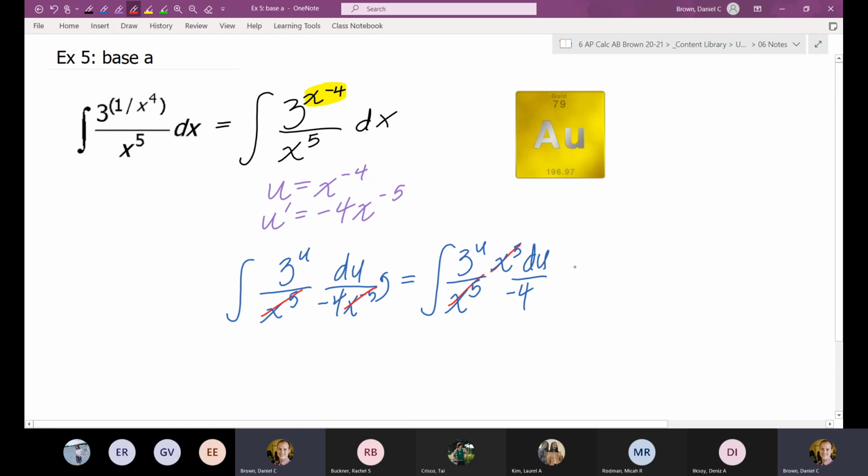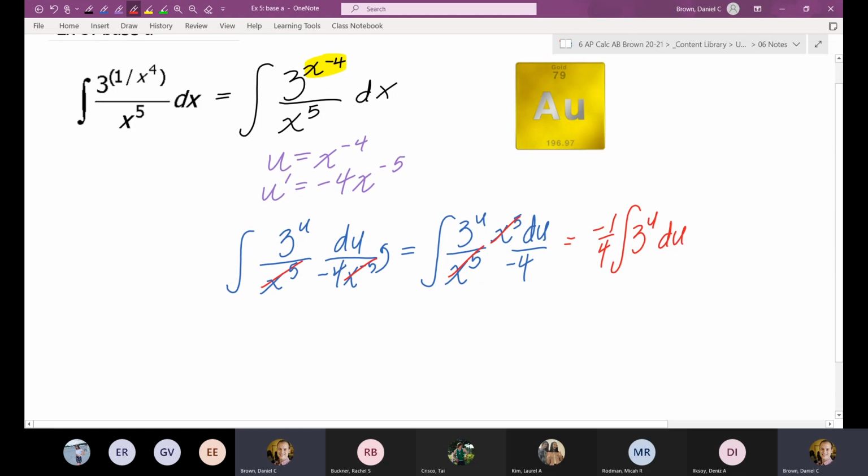What are we ultimately trying to integrate? Negative 1/4 on the integral of 3 to the u du, and I can go ahead and just use that new rule. Negative 1/4 is a coefficient, 1 over the natural log of the base times 3 to the u, where u was x to the negative fourth. And then don't forget your plus c.